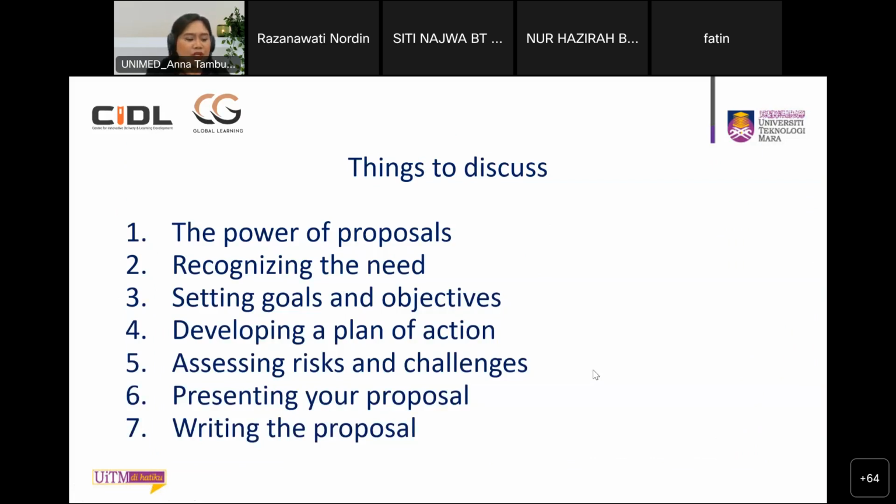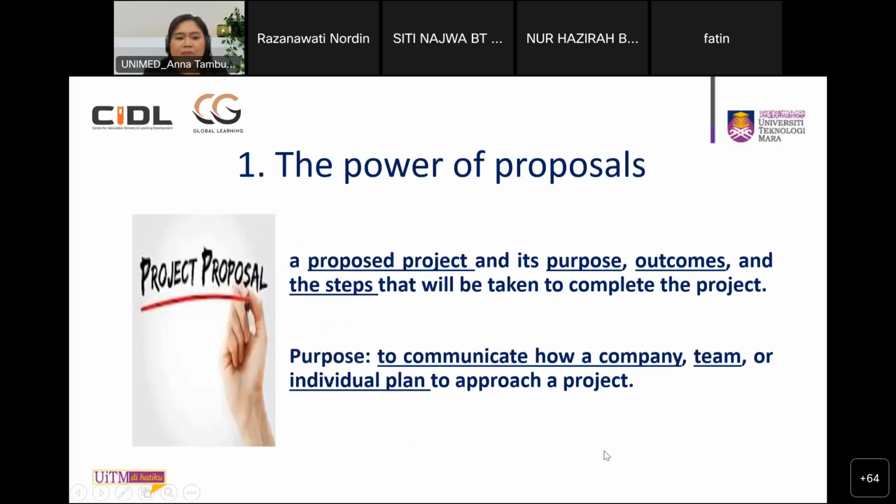The power of proposals, and then recognizing the need, setting goals and objectives, developing a plan of action, assessing risks and challenges, and then presenting your proposal. And the last one, how to write the proposal. Now, what is a proposal? Anyone who knows? I have the keywords there.